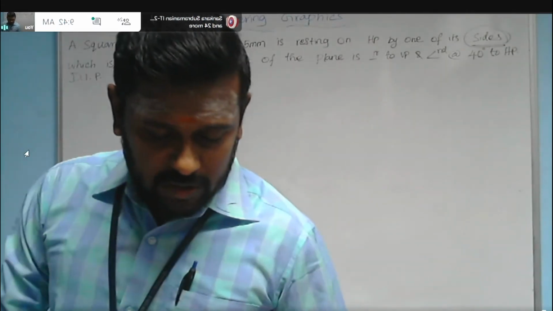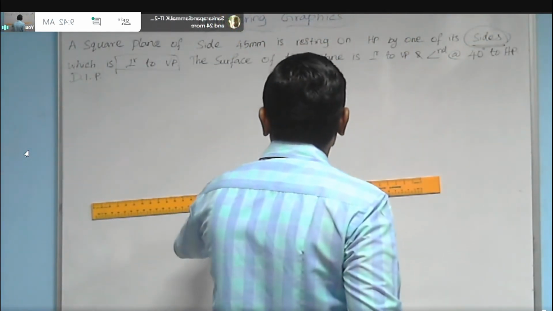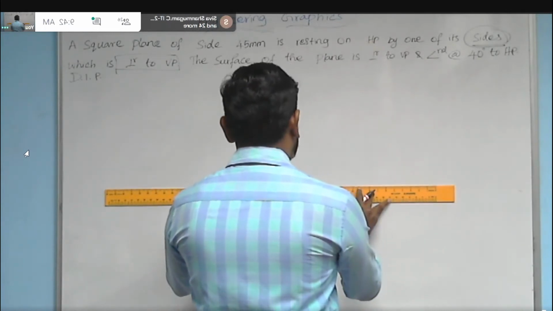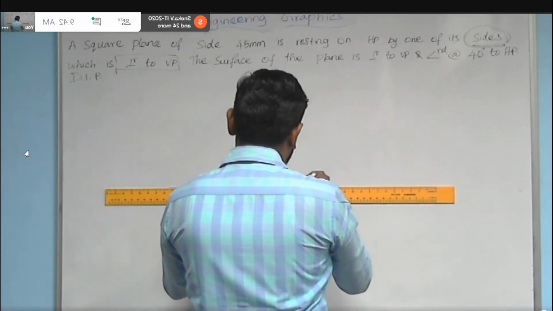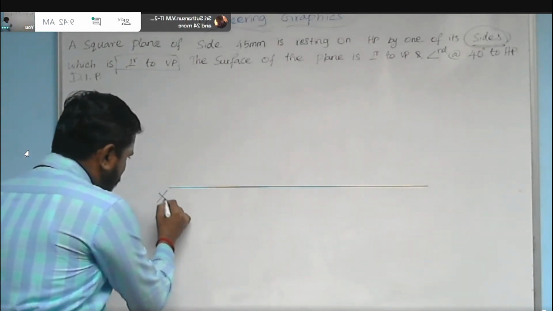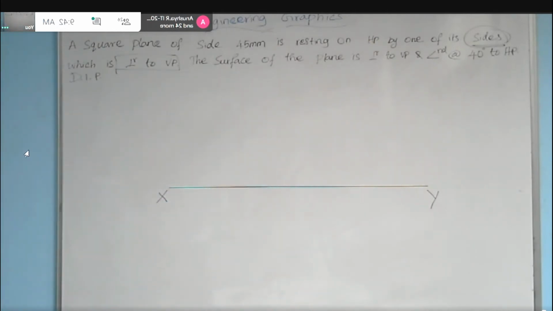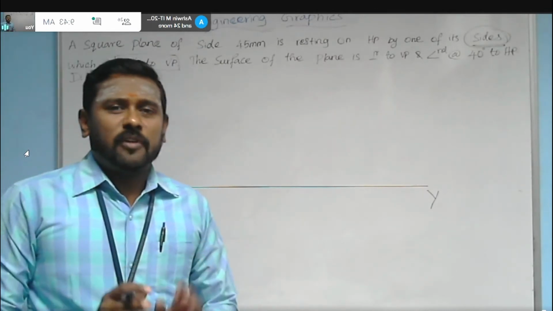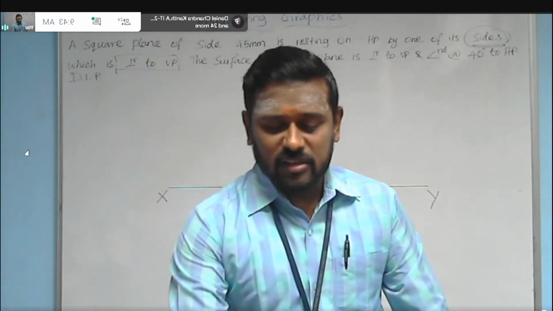First we need to draw the XY line. Next, you need to draw the simple front view and a simple top view, because here the object is actually standing in this way.